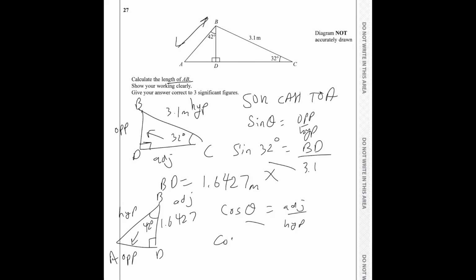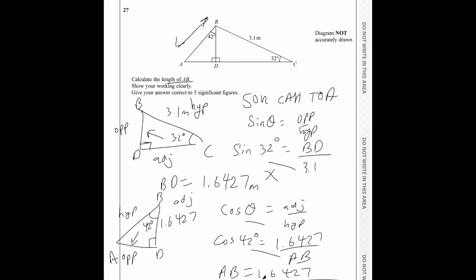Cos theta is equal to adjacent divided by hypotenuse. Cos 42 degrees equals 1.6427 divided by the hypotenuse AB. Rearranging, AB is 1.6427 divided by cos 42 degrees, so you must know these things.